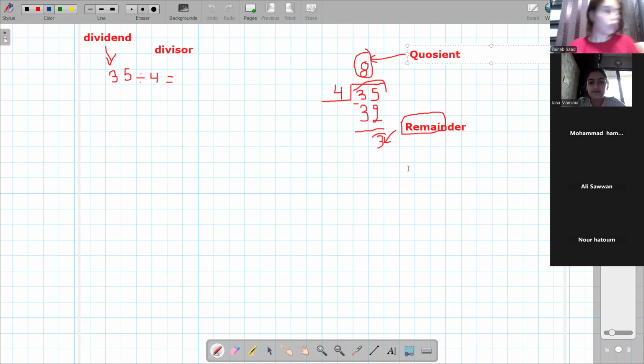So quotient, remainder, divisor, and dividend. Since we have the quotient which is 8, we have the divisor, the dividend and the remainder.